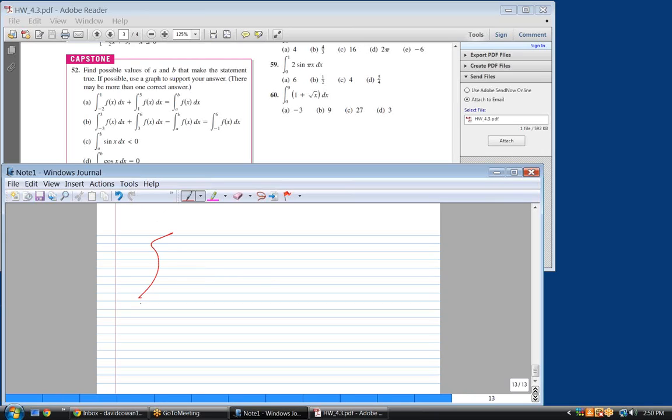So would A be negative 2 and B be 0? The first two add to this, right? And then we're subtracting, and you think what are A and B? Negative 2 for A and 0 for B?